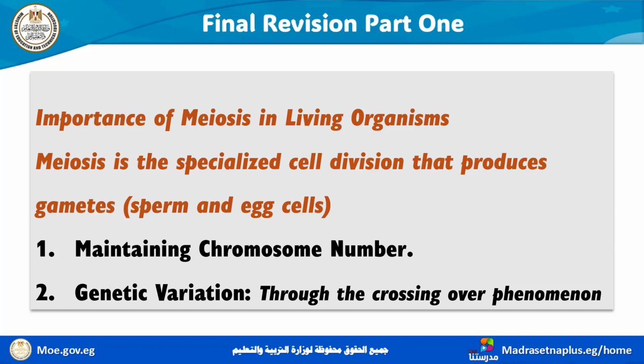It maintains the chromosome number. As in meiosis cell division, the parent cell divides to produce 4 daughter cells with half number of chromosomes, N. Number 2, the genetic variation that is caused through the crossing over phenomenon.